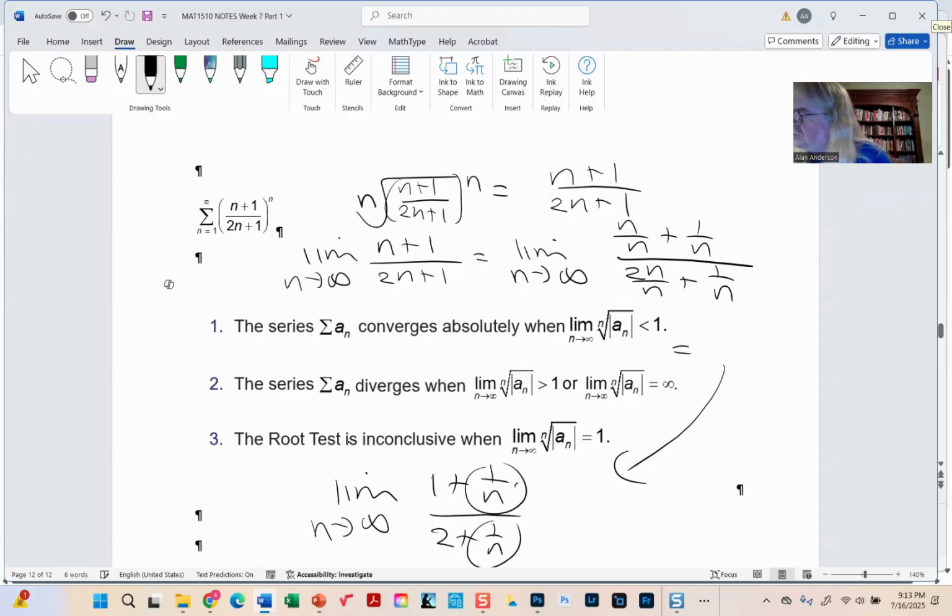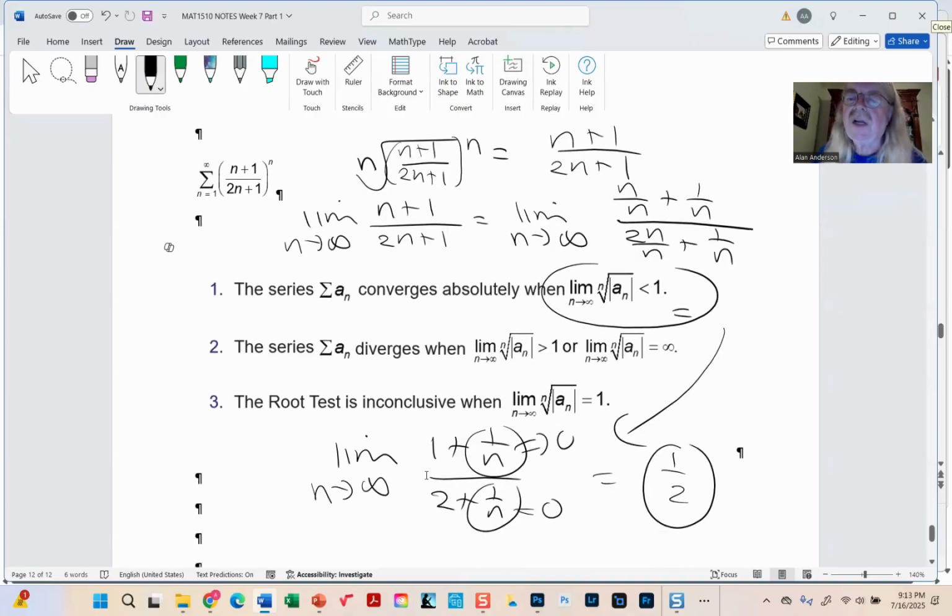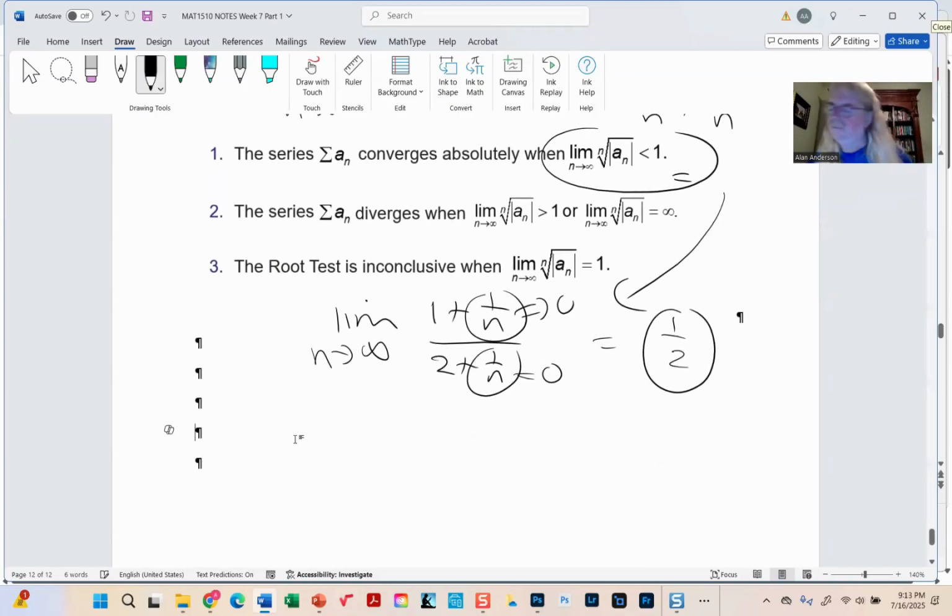And since these two both go to 0, we end up with 1/2. And according to this, since that's less than 1, that means this series converges.